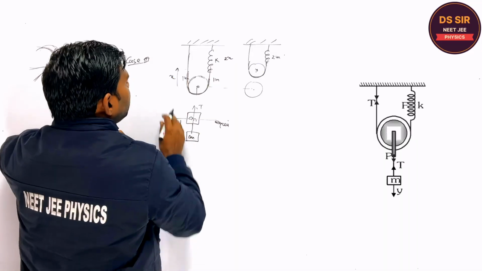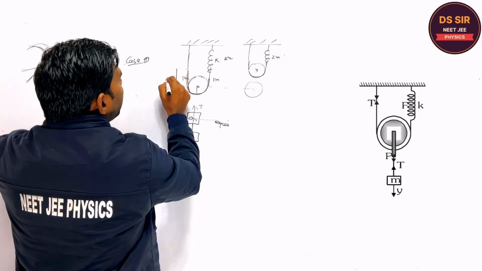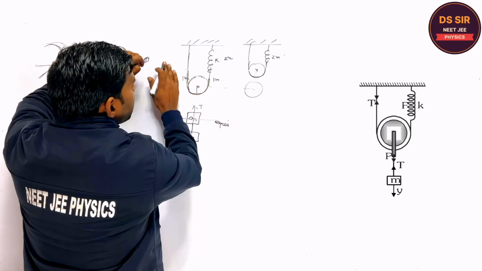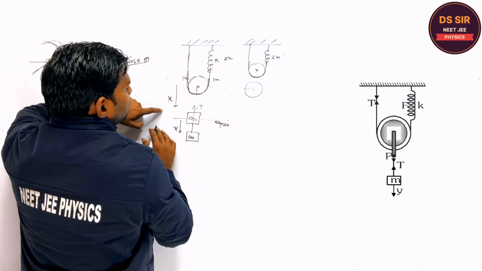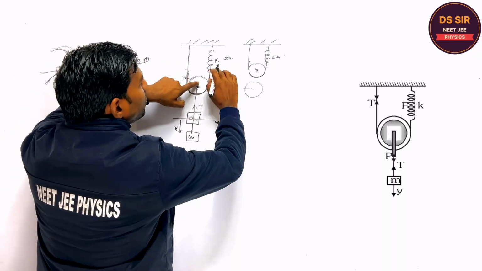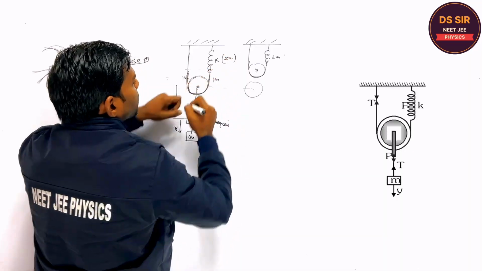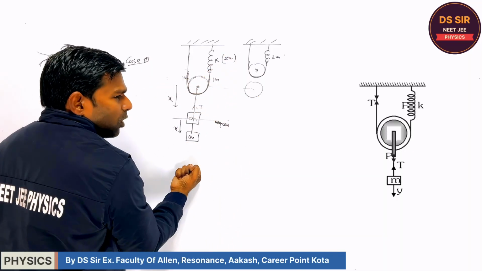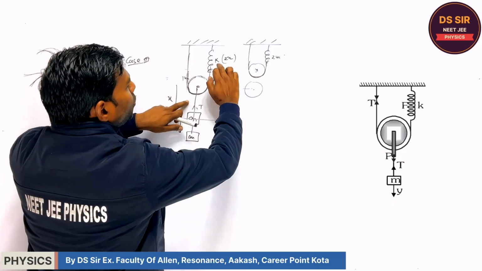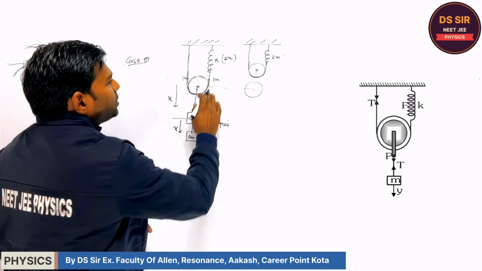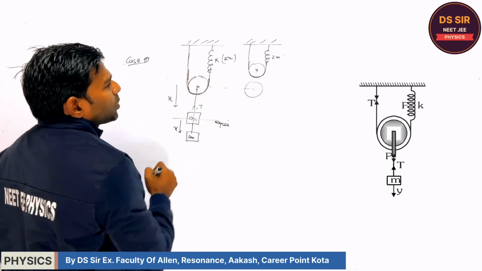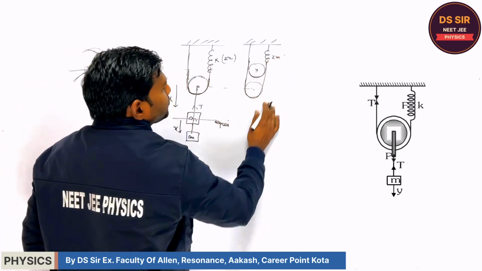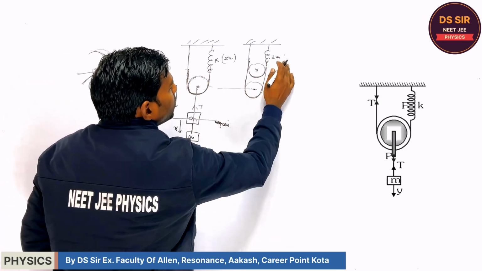Further, if this pulley comes down by x meter, are you getting or not? What is the elongation in this spring? Say 2x meter. So if this mass m is moved down by x meter, the elongation in this spring is 2x meter. So this is the process to find this. I am explaining it. Initially there is a pulley.